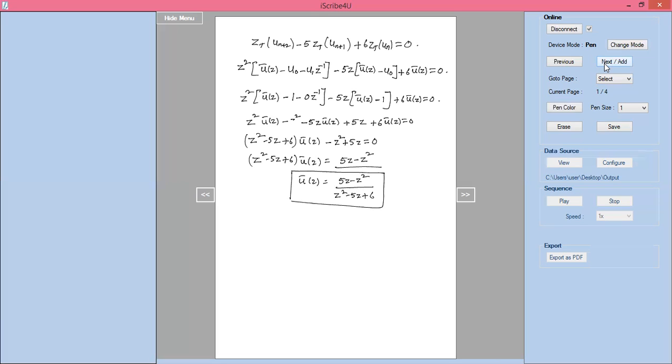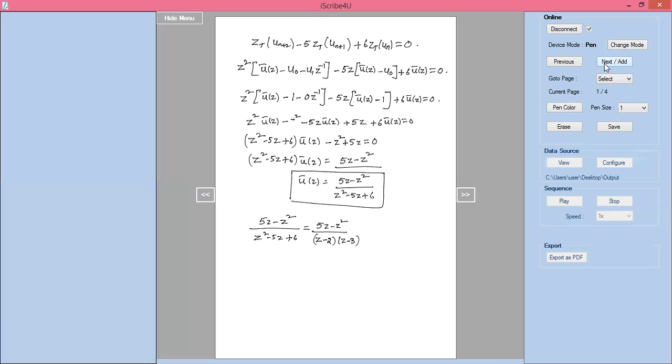If you apply the partial fractions, you will get 5z minus z square divided by z square minus 5z plus 6. I will write it as (z minus 2) into (z minus 3).